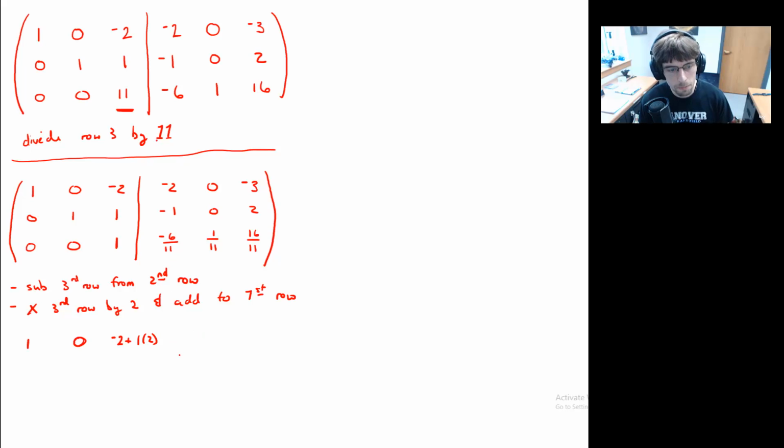Other side of the bar, this is where the left side looks simple, the right side gets really ugly. So the other side of the bar, what do we have? We have -2 plus -6 over 11 times 2.